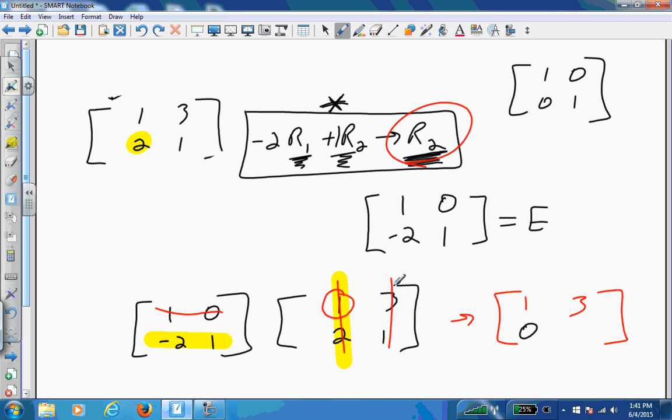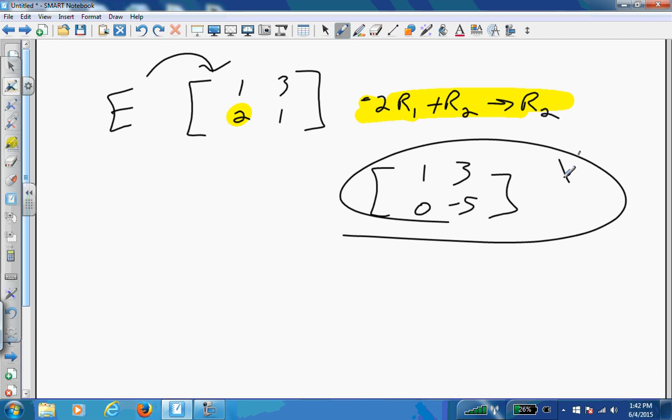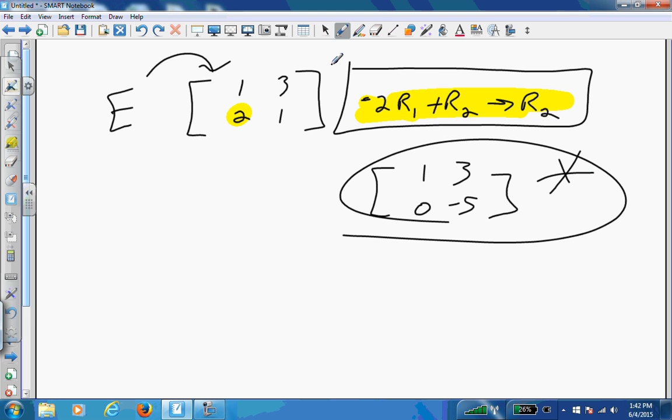Now when we do this times the next column, negative 2 is times the first row, 1 is times the second row. So negative 2 times 3 is negative 6, plus 1, so negative 5. Which is the same thing we got here when we did that row operation.